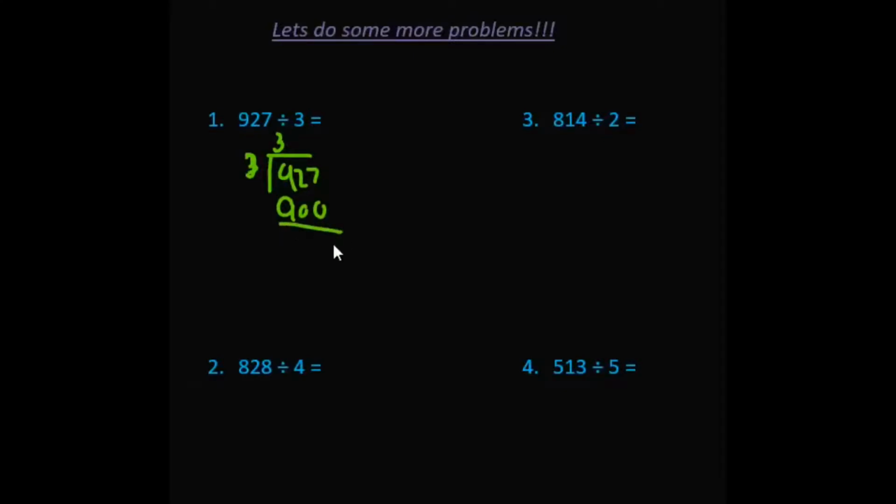Okay, so 7 and 2. Okay, so 27. 3 goes into 27 how many times? 9 times. Okay, or 3 goes into 2 0 times. Okay, 3 goes into 27 9 times. Okay, that's perfect. Okay, so now let's move on to the next problem. Okay, so for this one the answer is 309.